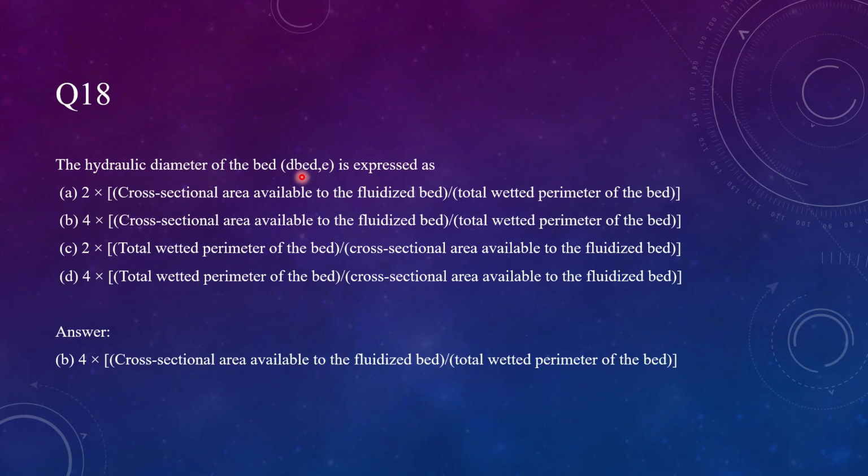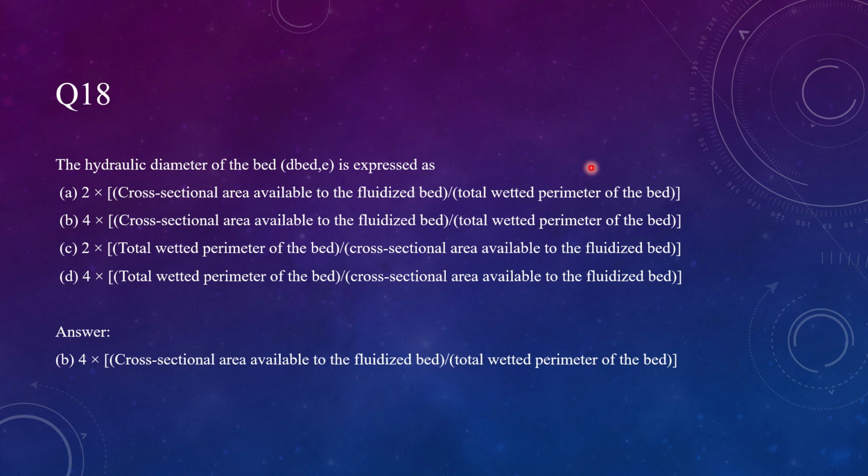But I'll give you a clue actually. This is cross-sectional area by total wetted perimeter. What is the dimension of area? That is meter square. What is the dimension of perimeter? It is meter. Meter square by meter gives us meter.